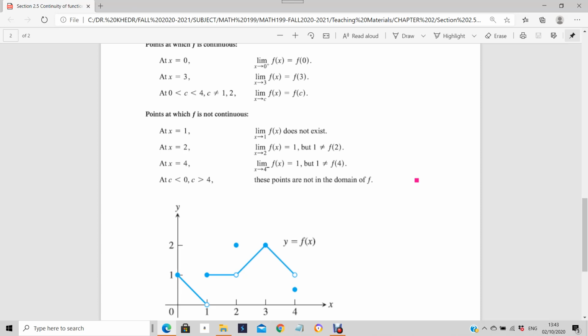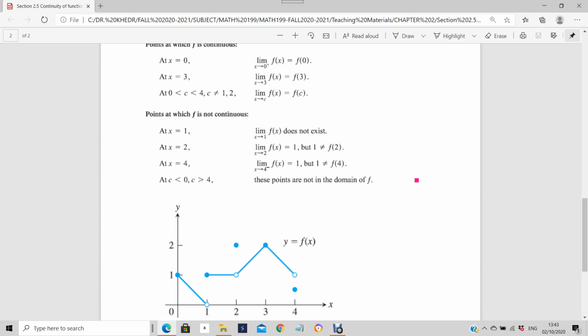For any interior point between 0 and 4, the function is continuous except at x equals 1 and at x equals 2. You can see on the graph, if the graph is broken, like here at x equals 1, the function is discontinuous, not continuous.